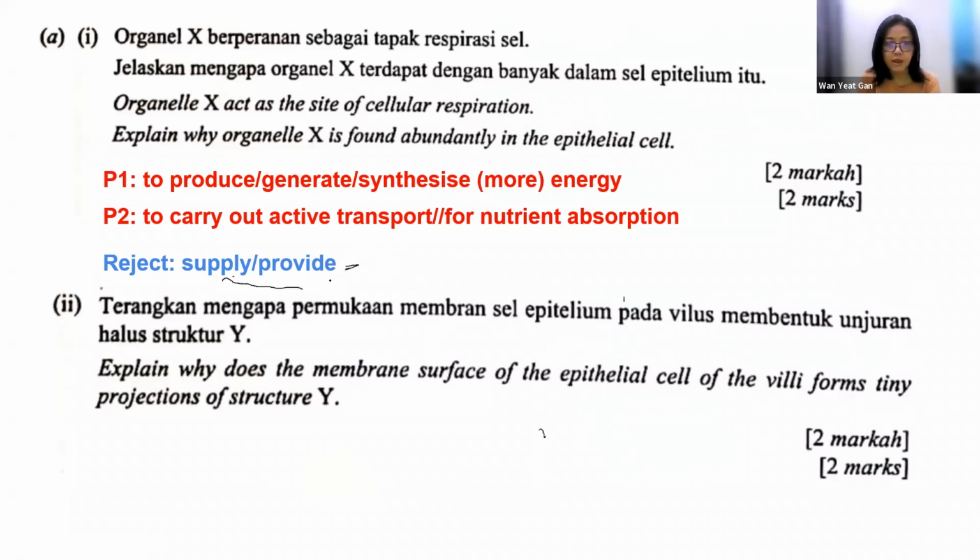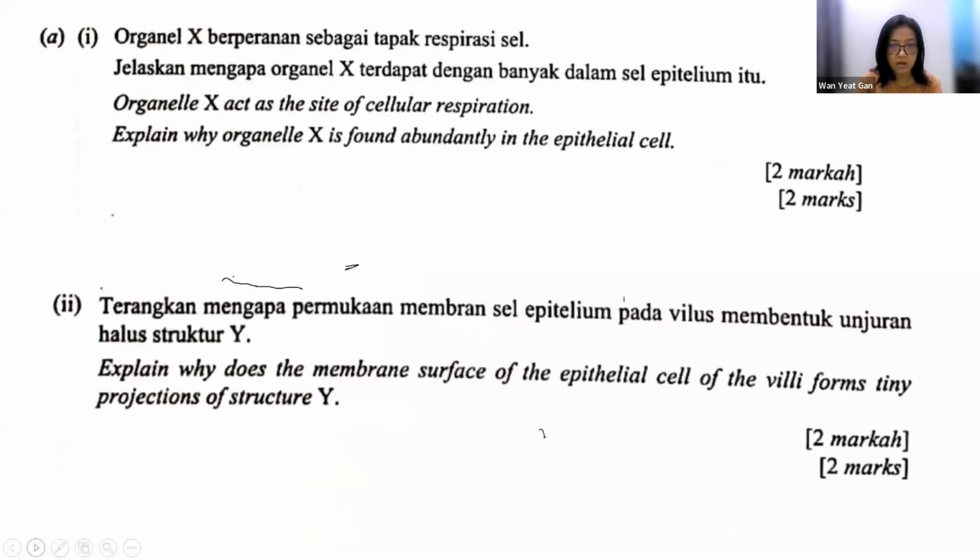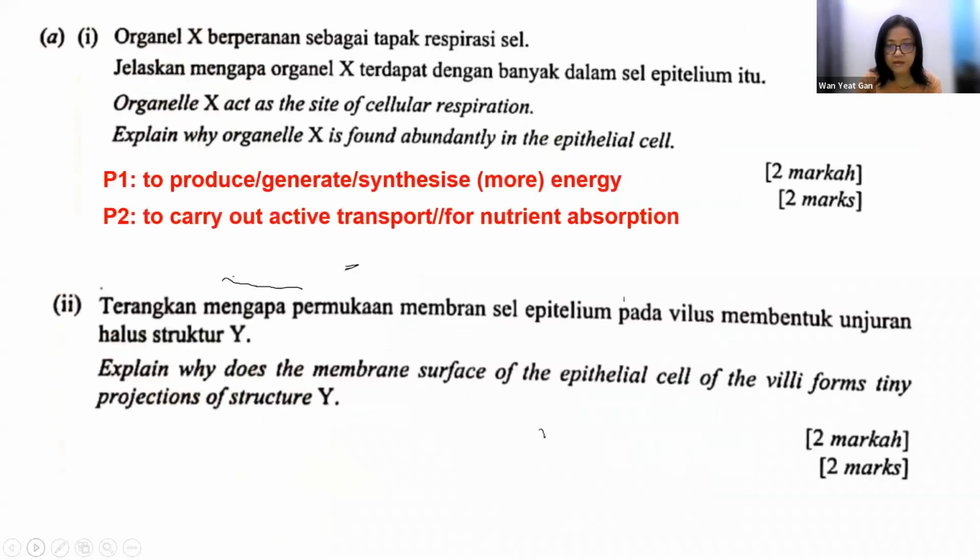Next, explain why the membrane surface of the epithelial cell of the villi forms tiny projections or structures. If you look at the question again, there is this tiny projection that comes out from the structure of the cell. They are asking why the membrane forms this tiny projection.